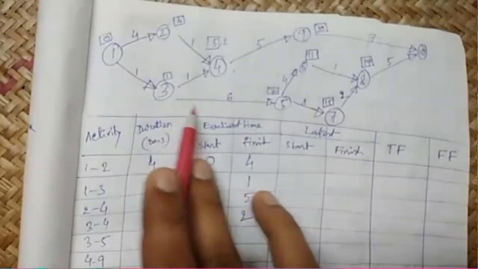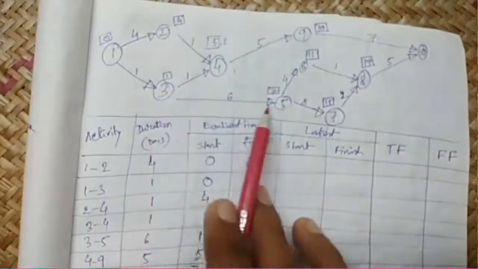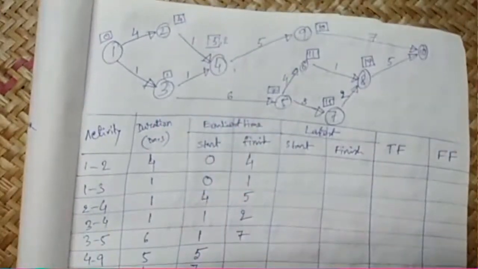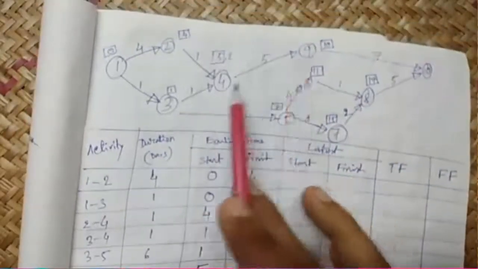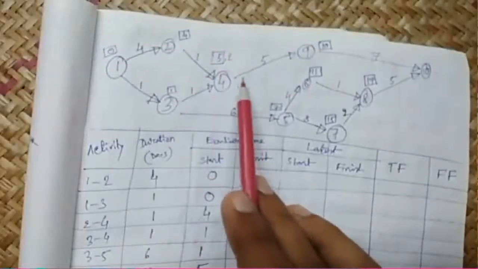Next 3 5, this starts at 1 day, takes 6 days, so it will end up on 7 days. Now 4 9 starts at 5, takes 5 days, so ends on 10.